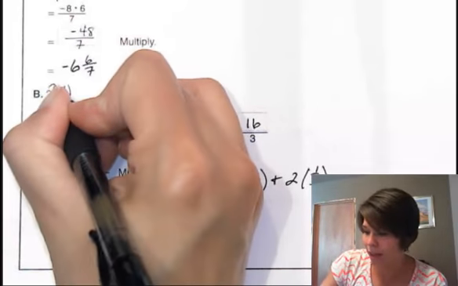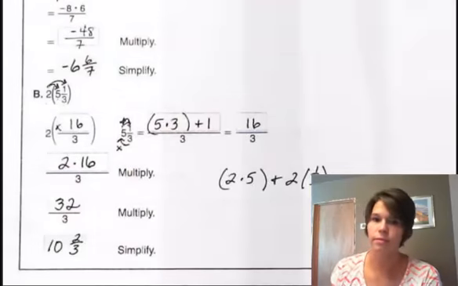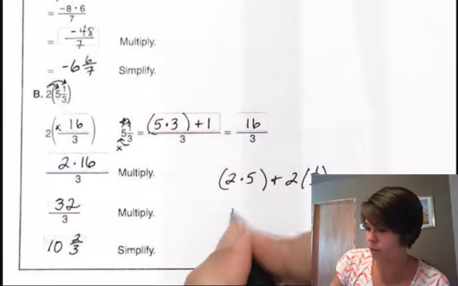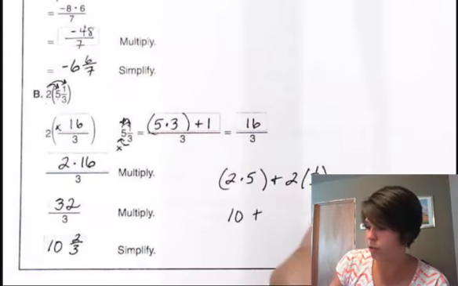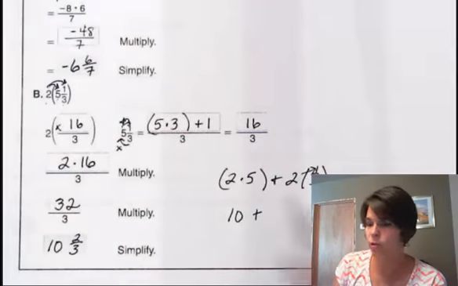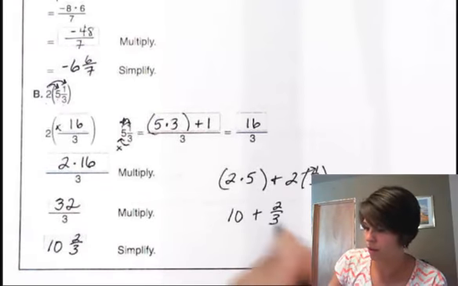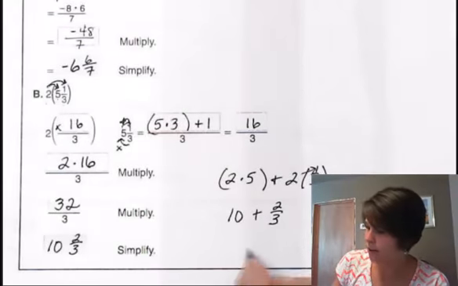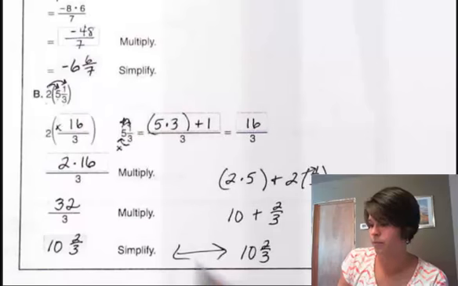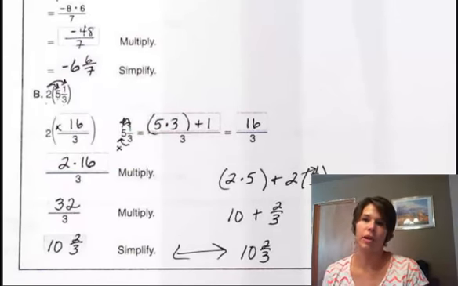So it's kind of like I distributed. Then I've got 2 times 5 is 10, plus 2 times 1/3, just multiply 2 times my numerator. Combine that together, I end up with 10 and 2/3. So in that case, I think it was easier to break it apart.